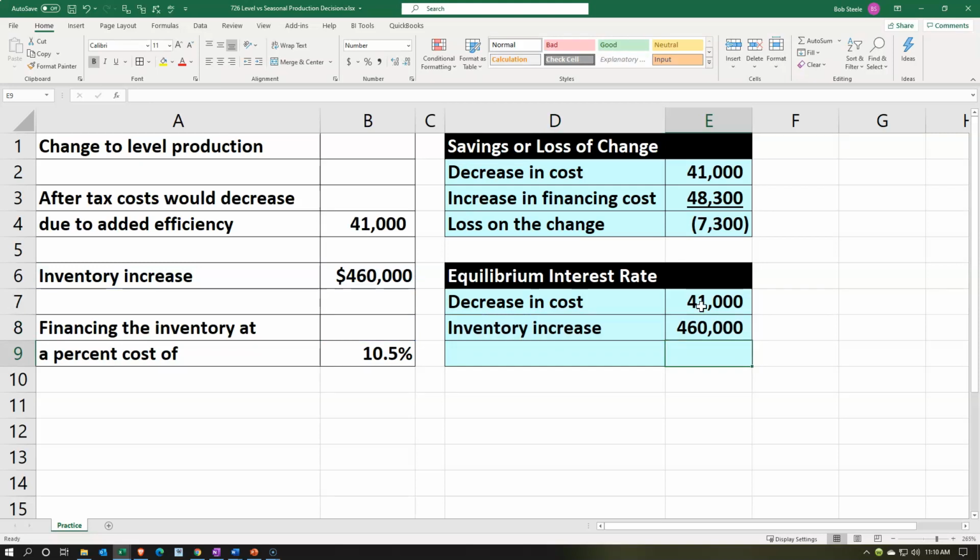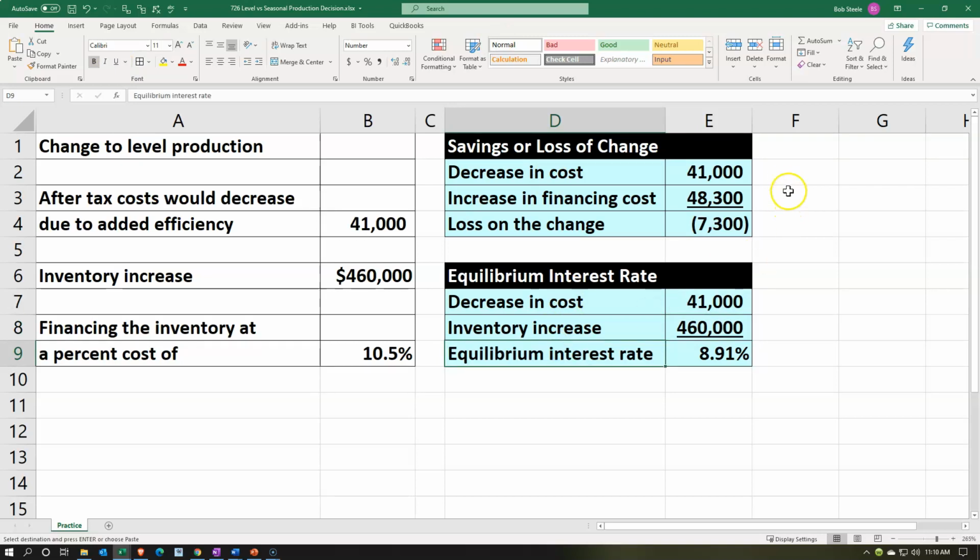If we divide that out, it's the 41,000 divided by the 460,000. Make that a percent using the Home tab, Number group, adding a few decimals. Let's put the underline here. So this is going to be the equilibrium interest rate.